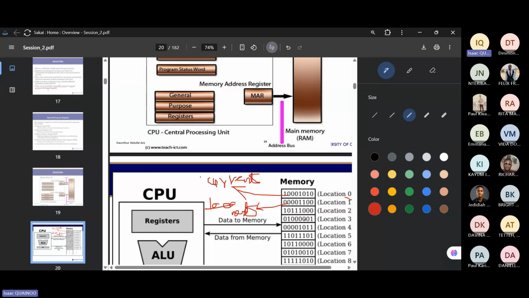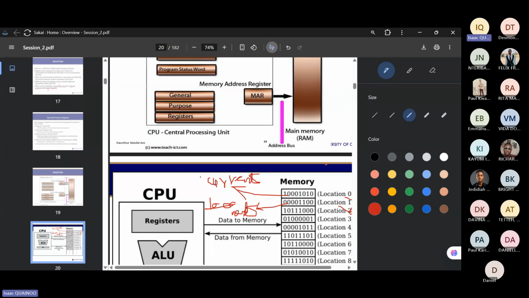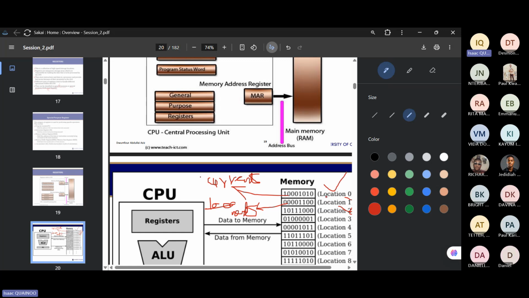So the program counter will contain the address of location 1, which is the next program to be executed, not the current program that is being executed. Okay, let's take note of that. The program counter only holds the address of the next. So assuming that currently the instruction being executed is at location 0, then the program counter will contain the address of location 1 because location 1 will be the next.